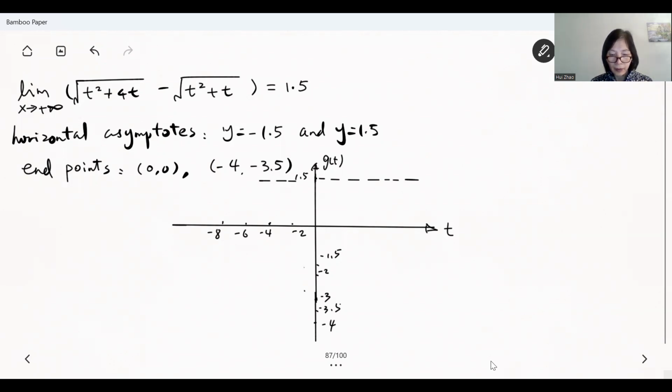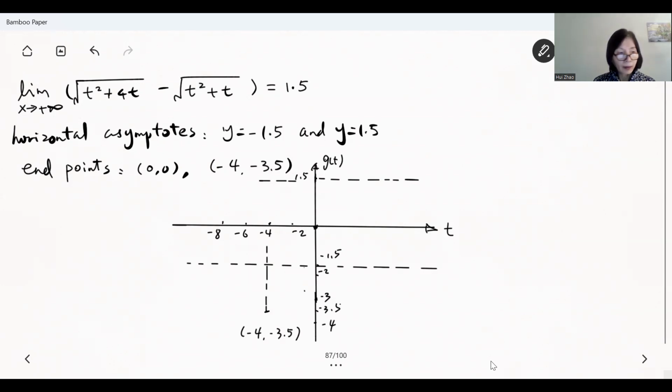So negative 1.5 here, and when t equals -4, y equals -3.5, yeah, so (-4, -3.5), okay? So for the right side, pass through (0, 0) here, right?